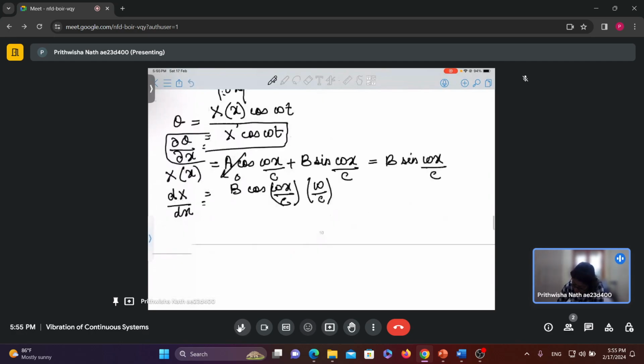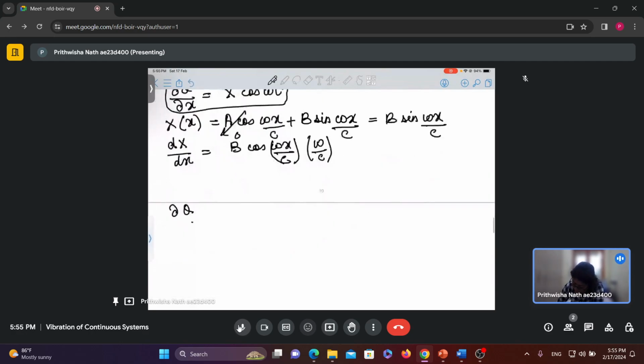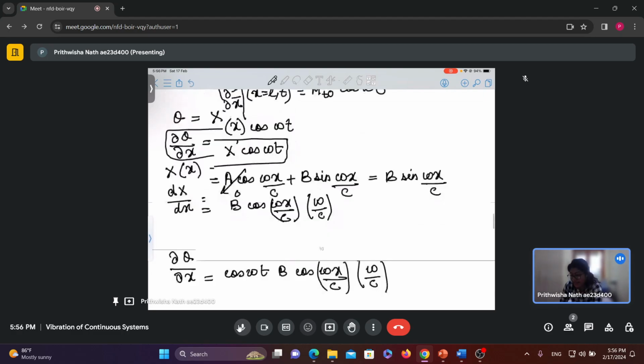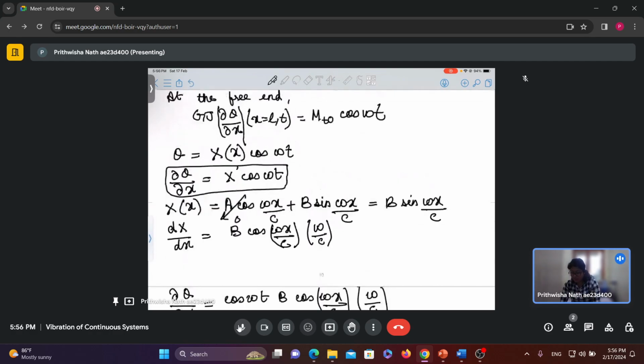So the partial derivative of theta with respect to x becomes cos omega t B into cos omega x by C into omega by C. Now I need this partial derivative of theta at x equals L at any time t.